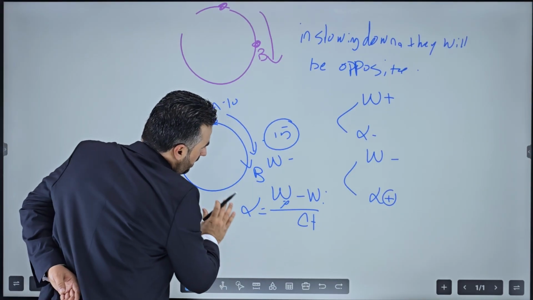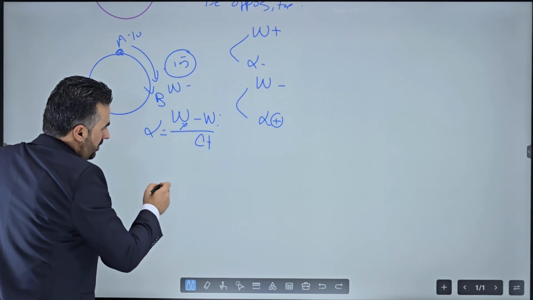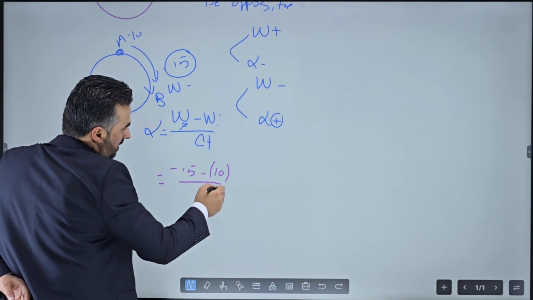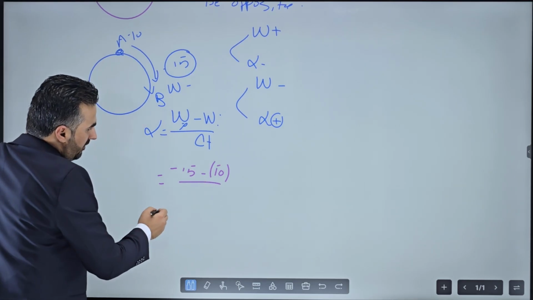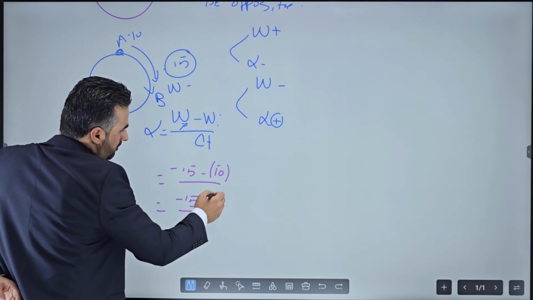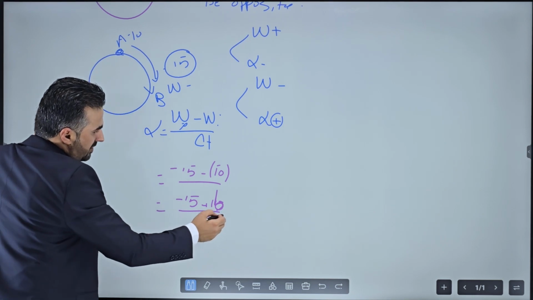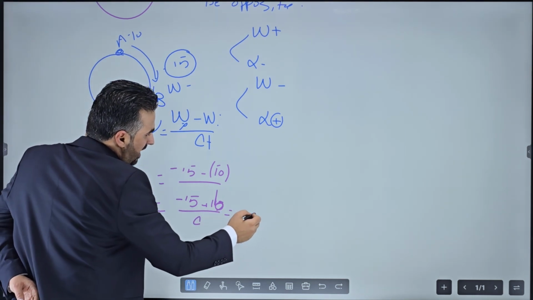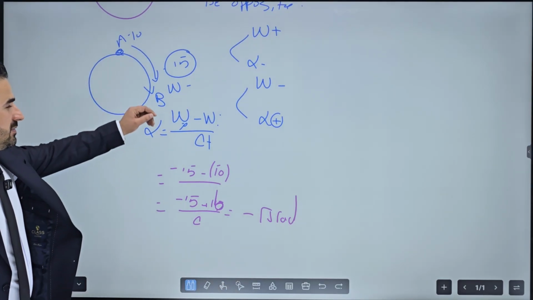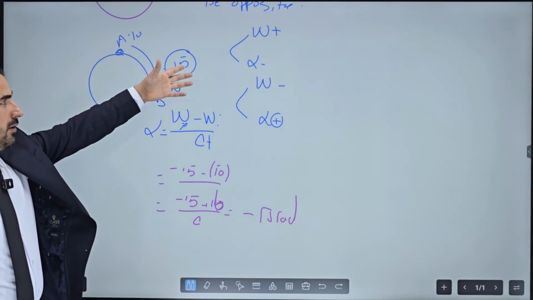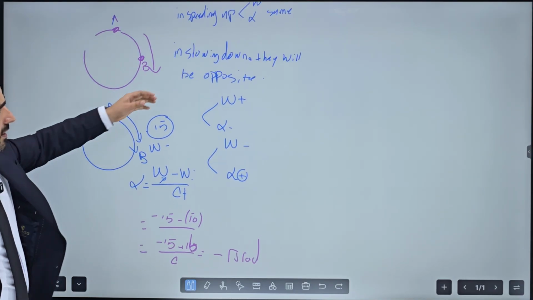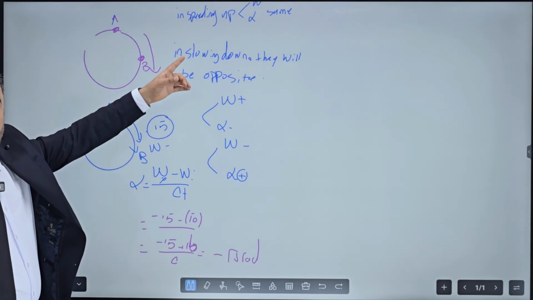So if you just plug in the numbers, we'll say negative 15 minus negative 10. See? But this negative cancels out. So negative 15 plus 10 here. So the answer, whatever the time is, we're going to get a negative acceleration because the object is speeding up. Didn't we say in terms of speeding up, they will always have the same direction? Okay, that is the note that we just set up here.